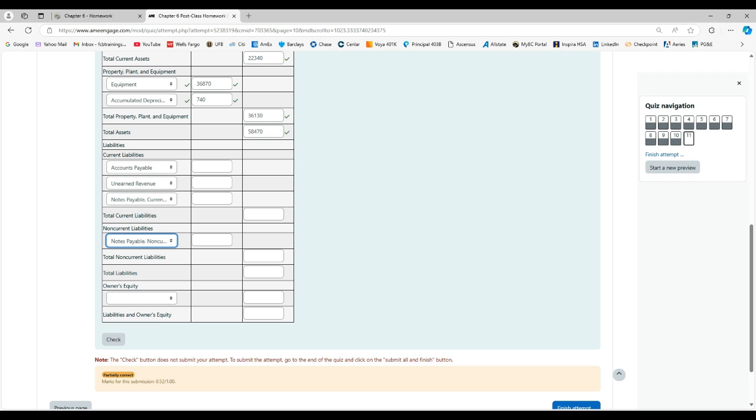And that's really the only calculation that we had to do. Like I said earlier, 6,000 is due on the note next year, and then afterwards the rest will be due, 12,000. And then the other balances are 4,940, and unearned revenue is 1,230.